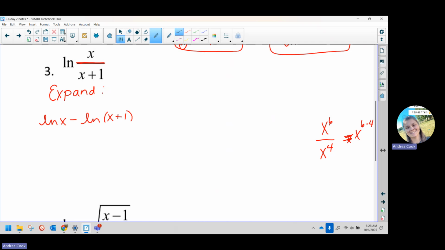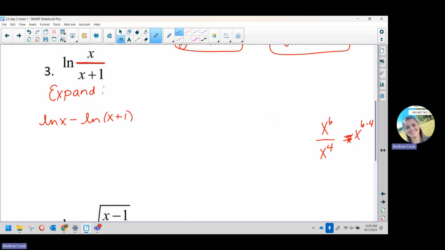So that's where this comes from, is that if you have a division here, what you're actually doing is subtracting. Logarithms are the opposite of exponents, and so they have the same exponent rules. Perfect, good questions. So if there was a multiply in there, it would split apart into a plus. Yep, good question. And we're wanting to do that because it avoids doing the quotient rule. And you can do quotient rule, you get the same answer, but the expanding helps you simplify it first.